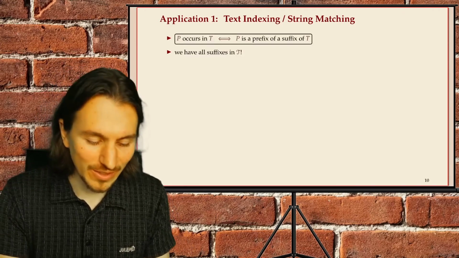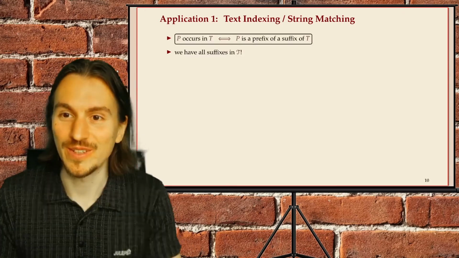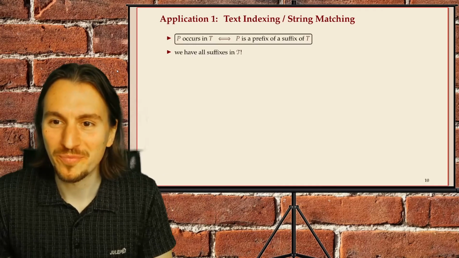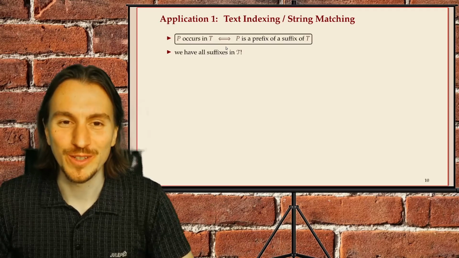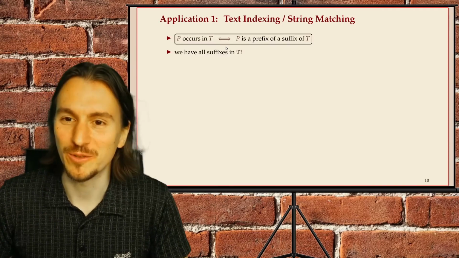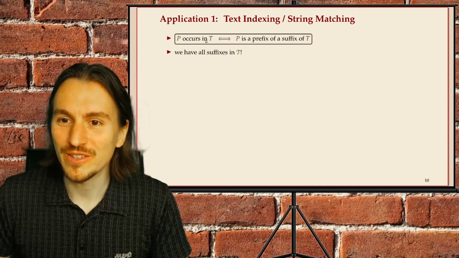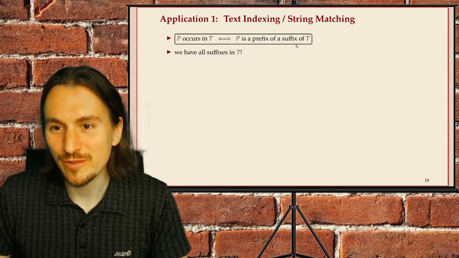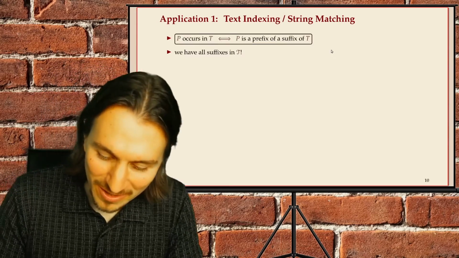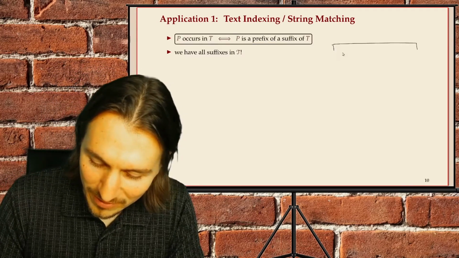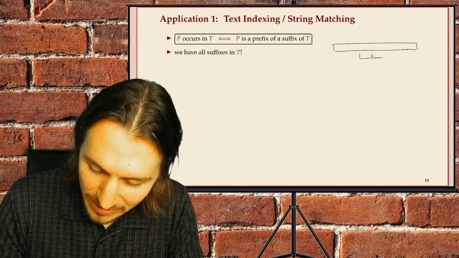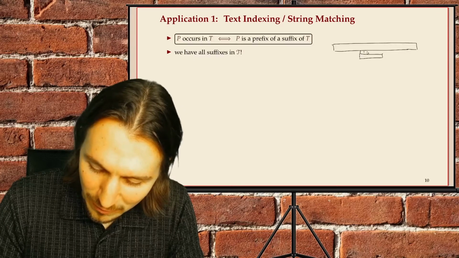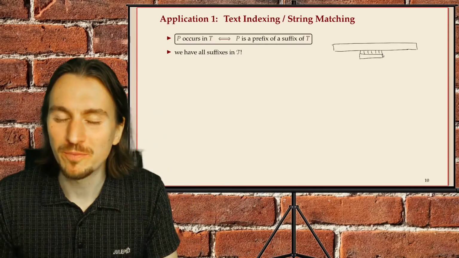So the first application of suffix trees is the text indexing problem that we started with. And this is the simple equivalence that I implicitly already used: P occurs in T if P is a prefix of a suffix of T. It might sound more complicated than it really is. Suppose there's an occurrence of P in T, so these are all matches.